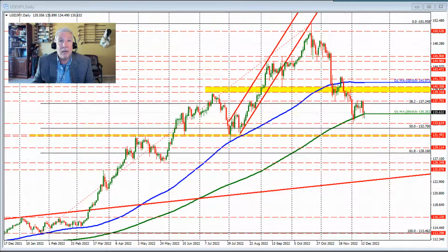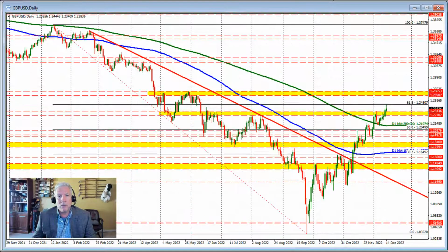So we are higher, and we moved back above the 200-day moving average at 135.35. If the price can remain above that level, that would keep the buyers more in control. We're currently trading at 135.63 as we speak. So there is a little bit more bullish bias here in the dollar versus yen, with risk down to a break back below the 135.35 level.